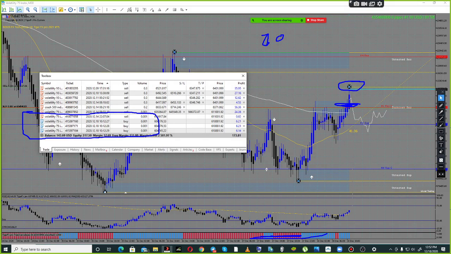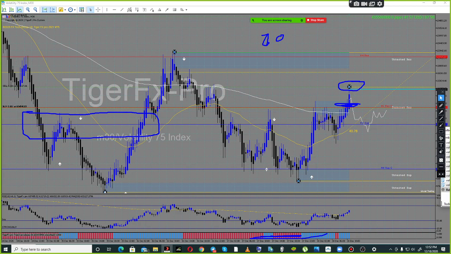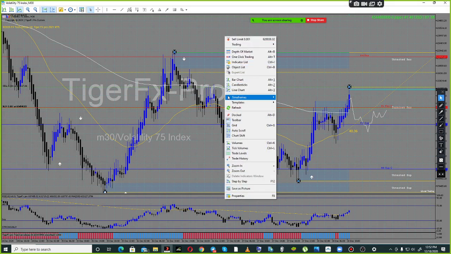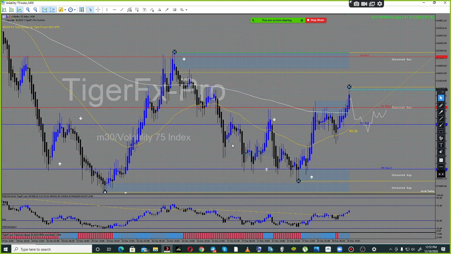Because I have respected the rules for me to enter a trade. As long as you respect the rules for you to enter a trade, you will be in profit. But if you don't respect the rules, you won't be in profit because you have what we call FOMO, which is fear of missing out.